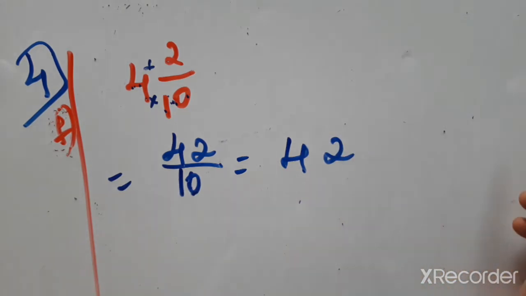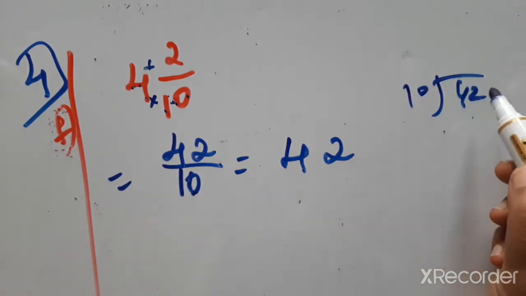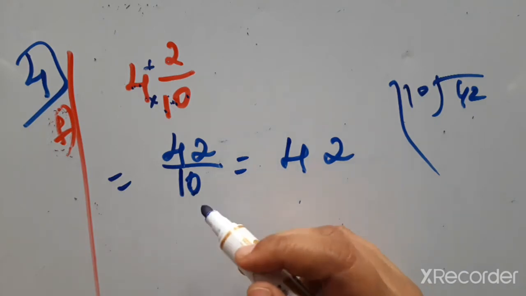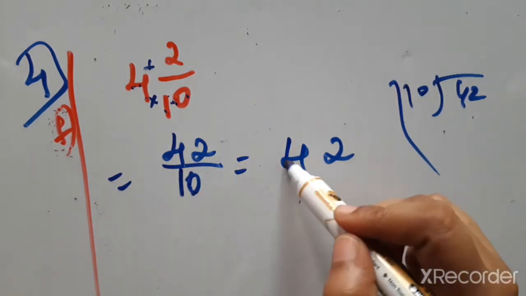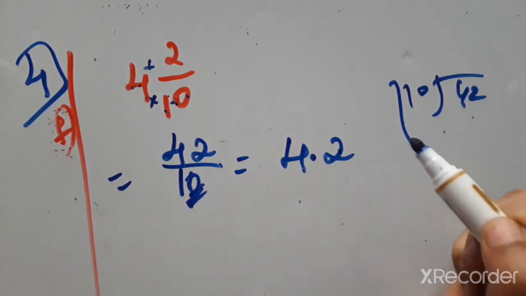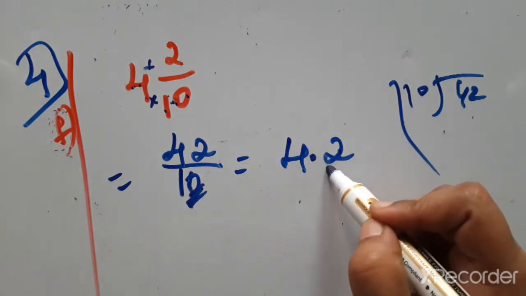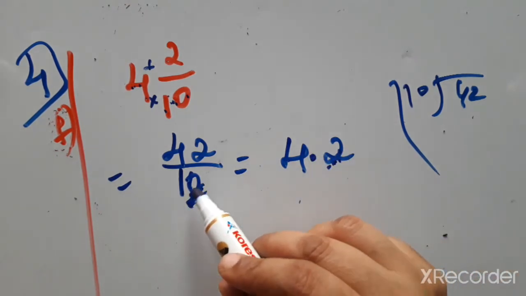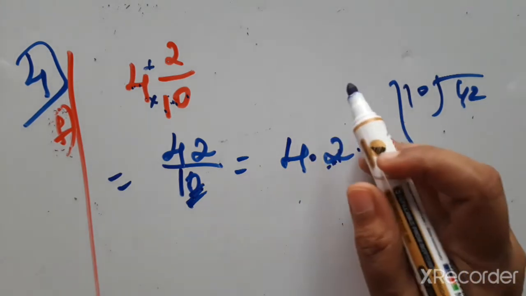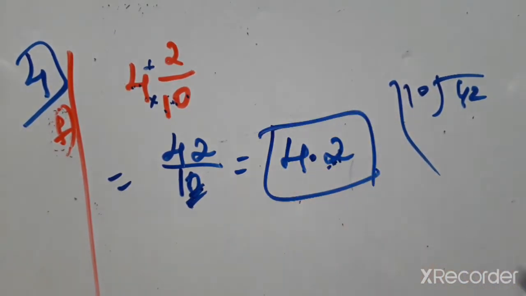Otherwise you have to divide with the actual method. Write the 42 as it is. 10 means after one number, point. So after the decimal point there should be one number. If 2 zeros, then after the decimal point there should be two numbers. You have to count from the right side, not from the left side. 4.2 is the answer.